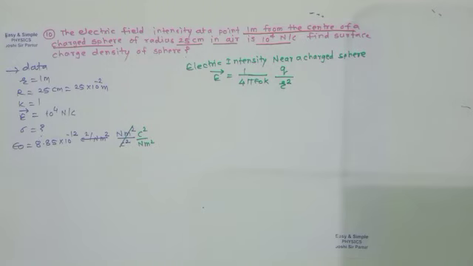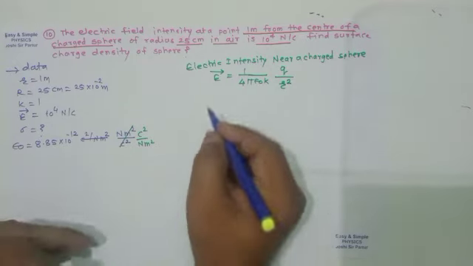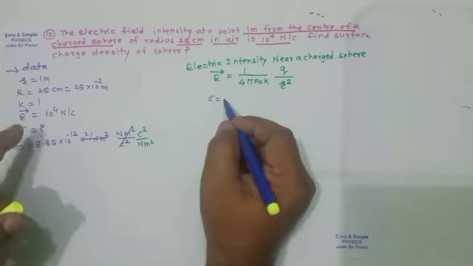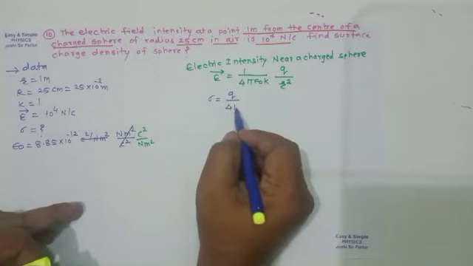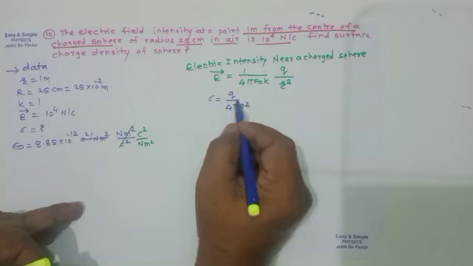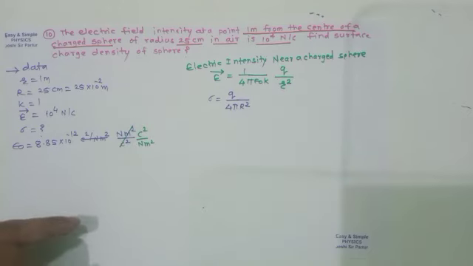But here sigma is the surface charge density, so it is charge upon charged surface area, that is 4 pi capital R square.